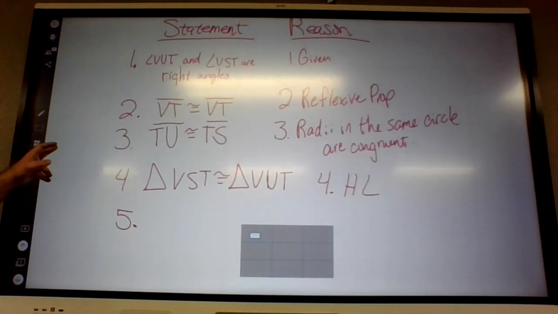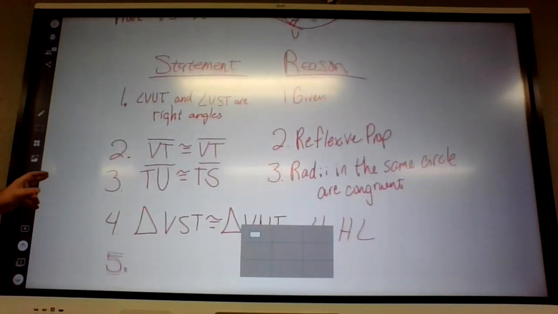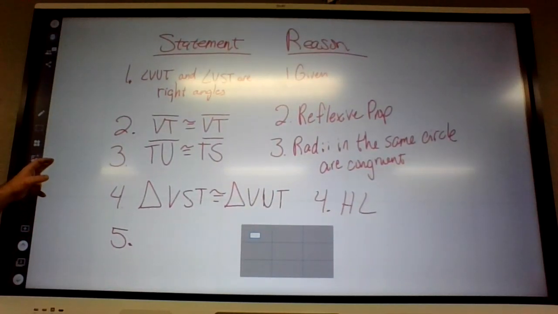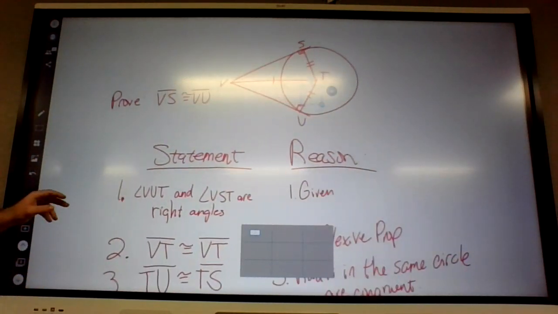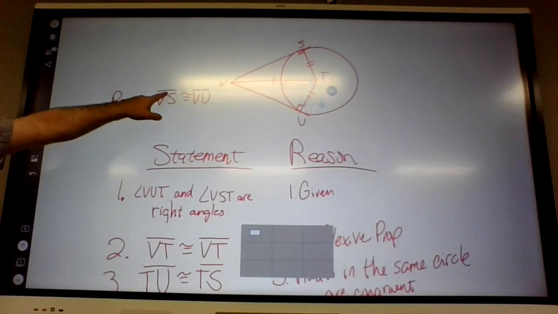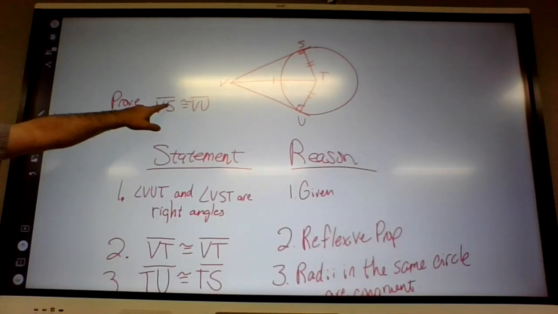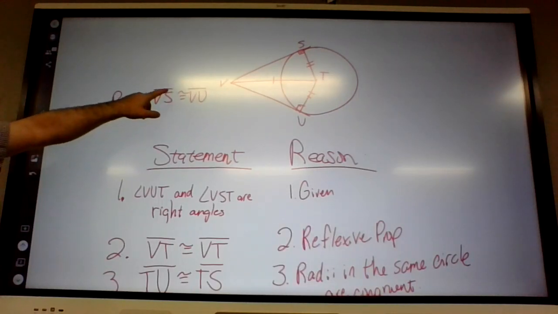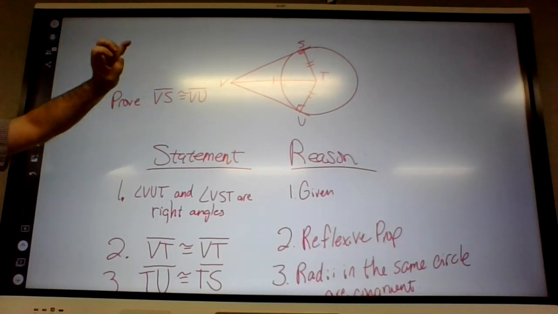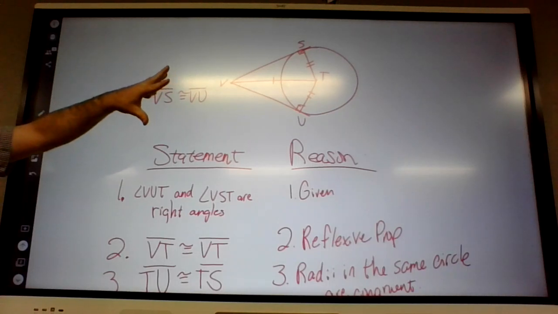Okay, now, did you guys write that down? Why can we now say that VS and VU are the same? Because we know they're congruent. Because the triangles are congruent, the matching parts have to be congruent.